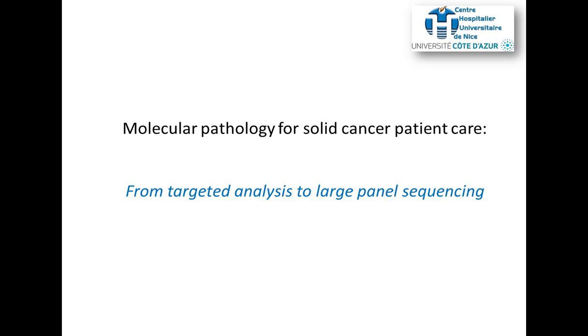So, for molecular testing in routine practice, 2 different strategies can be set up for solid cancer patient care. First, a strategy using a targeted analysis, and secondly, a strategy using large panel sequencing.